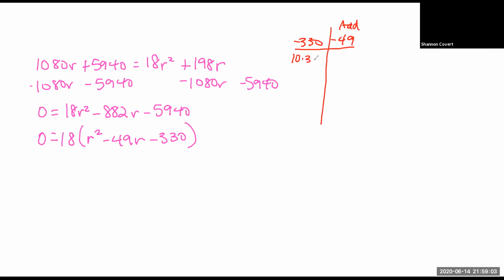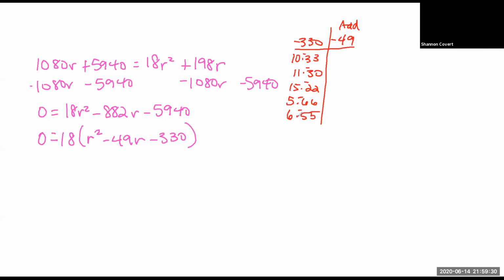10 times 33, 11 times 30, 15 times 22, 5 times 66, 6 times 55. And in this case, the bigger ones have to be negative. I think this is the combination.